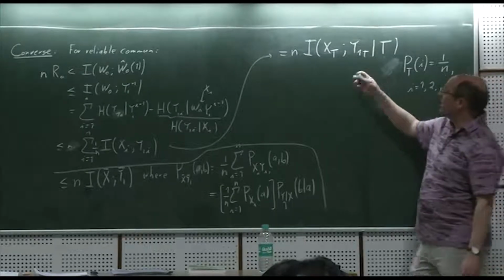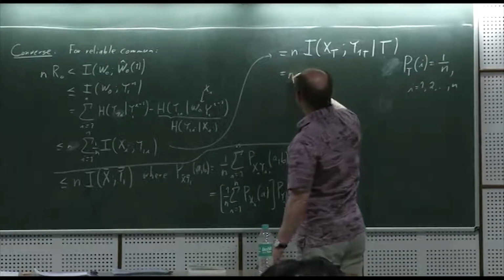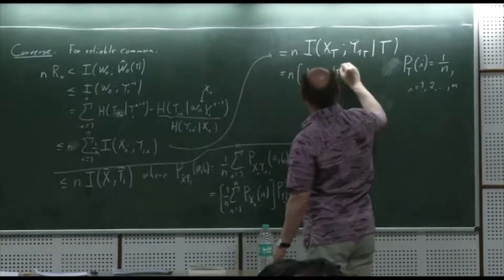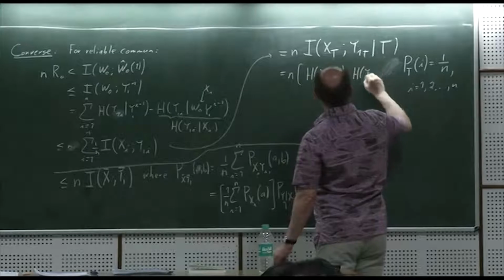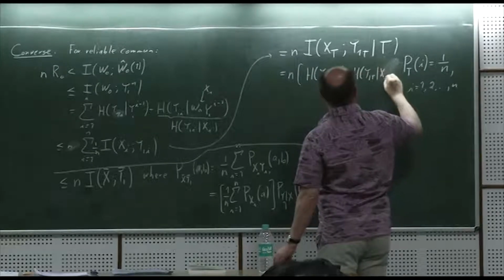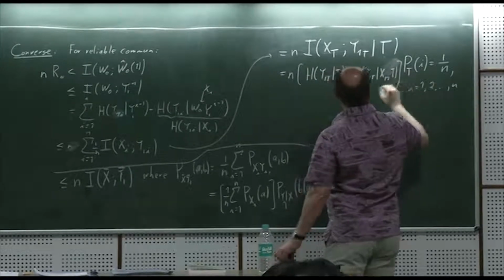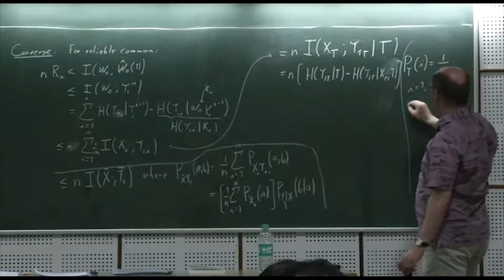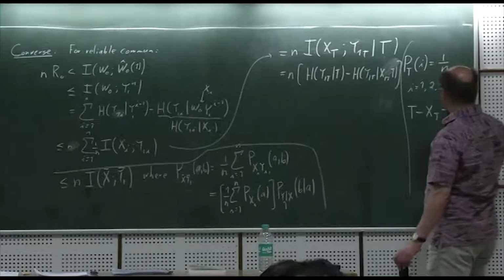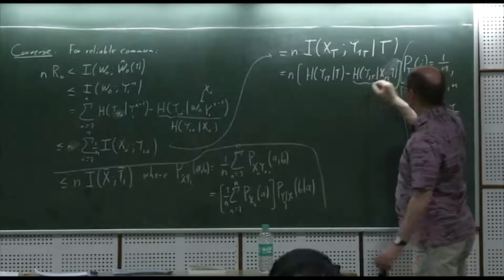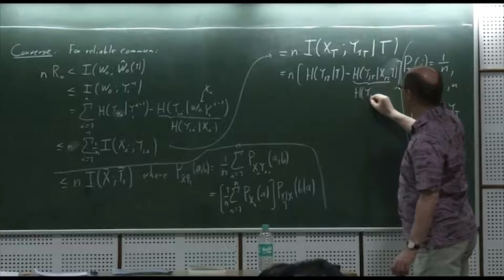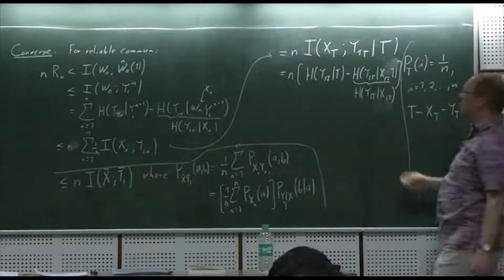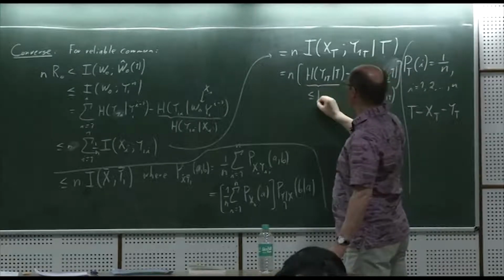Now to show that I get what I get, well, this isn't too hard, because here I can write h of y1t given t minus h of y1t given x1t, t. And you can show, if you choose this t, actually you get this Markov chain. So this is just h of y1t. You can easily see that once you write out the joint distribution, and this thing here is less than or equal to h of y1t.